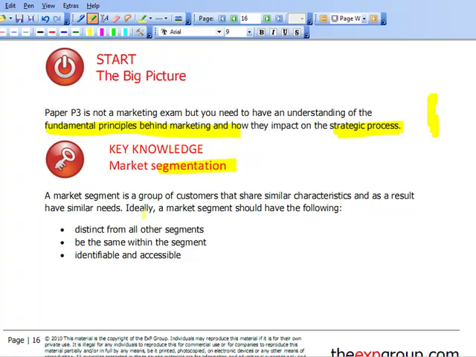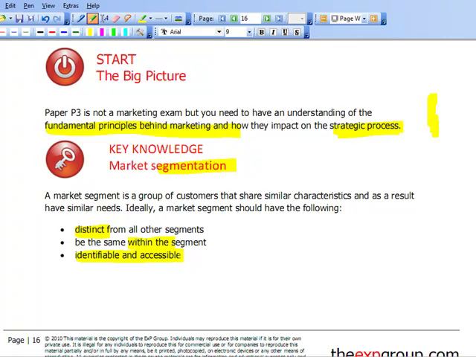A market segment is a group of customers that share similar characteristics and as a result have similar needs. So ideally, a market segment should be distinct from all other segments, the same within the segment, and importantly, be identifiable and accessible.